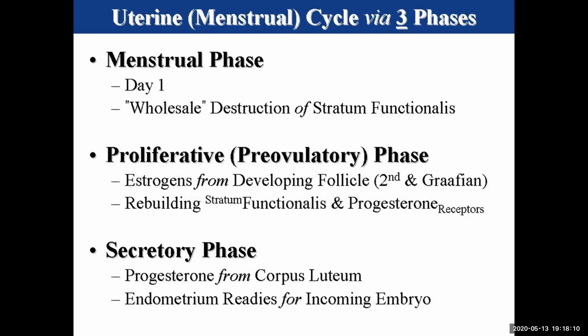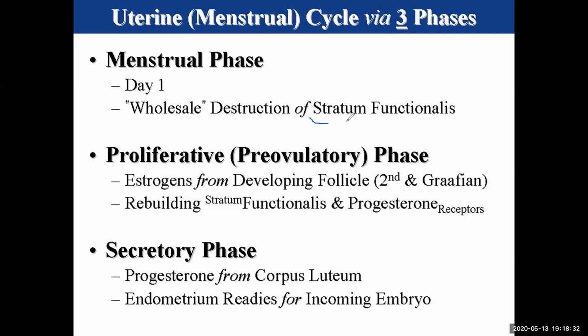But what we are talking about here is that the entire superficial layer of epithelium lining the uterus is completely destroyed, completely shed off. That superficial epithelial layer is called the stratum functionalis.